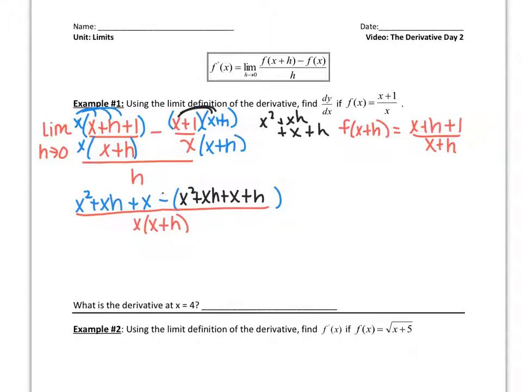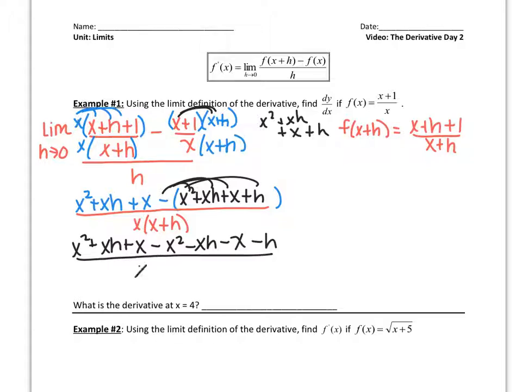Now I can distribute this negative. So this will be x squared plus xh plus x minus x squared minus xh minus x minus h, all over x plus h. So let's see what I can cancel out.